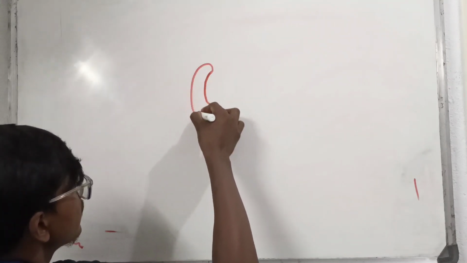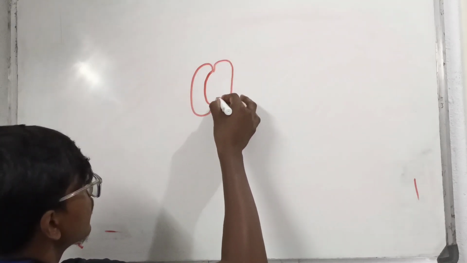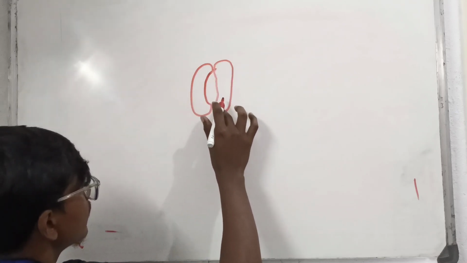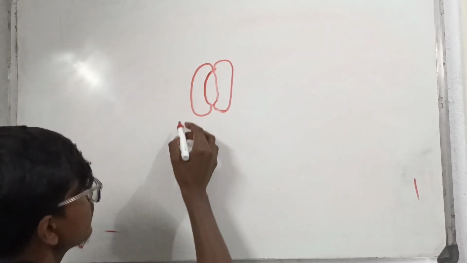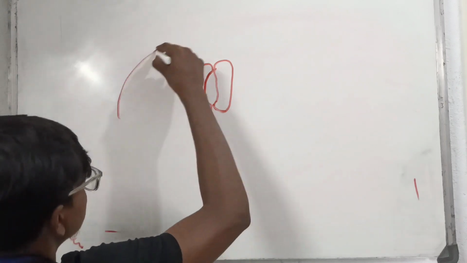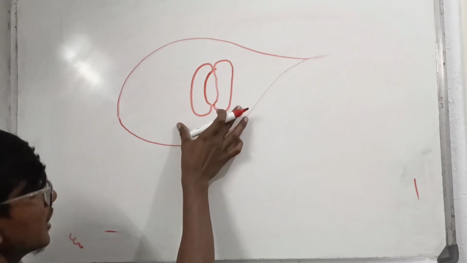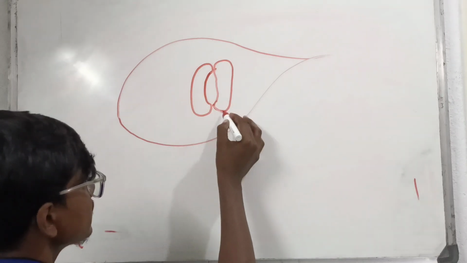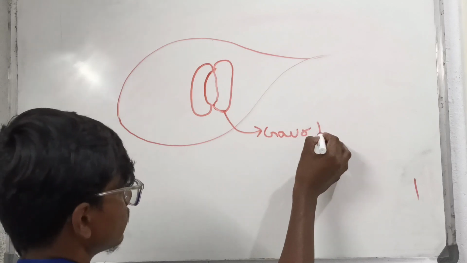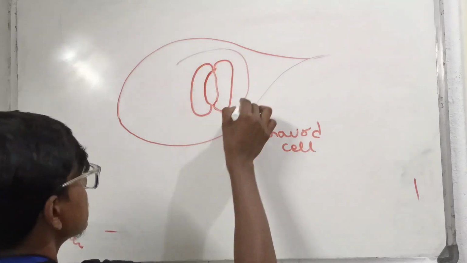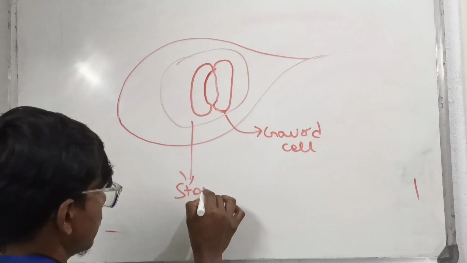And the second topic in this plant section is stomata. You can see this shape, like this is the leaf. I have drawn this very big here, but it is very micro in size. This is the guard cell. This completes the stomata.